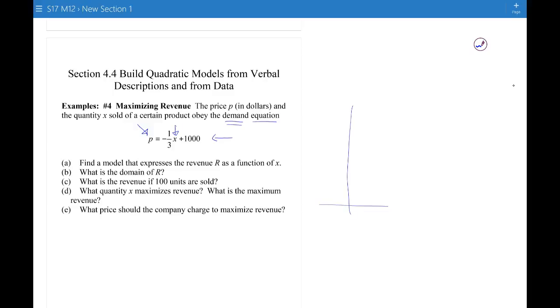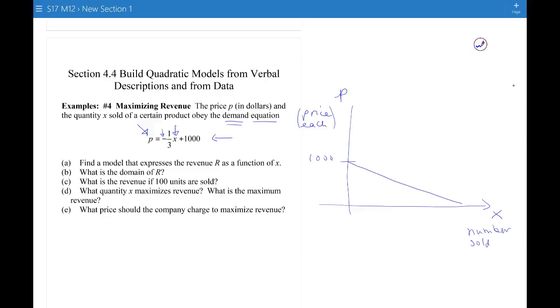So if they drew a graph of this, they'd say when X, the number sold, is 0, so if X is 0, P is 1,000. So this is P, the price, each. And then they say it has a negative slope. So it's a line with a negative slope.